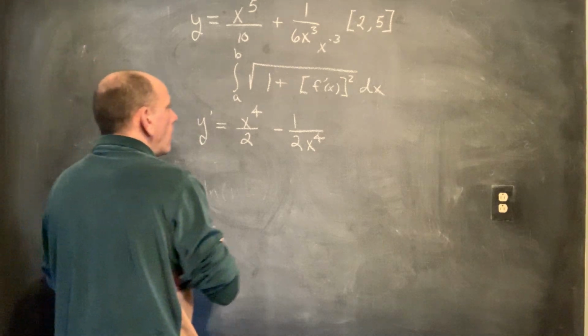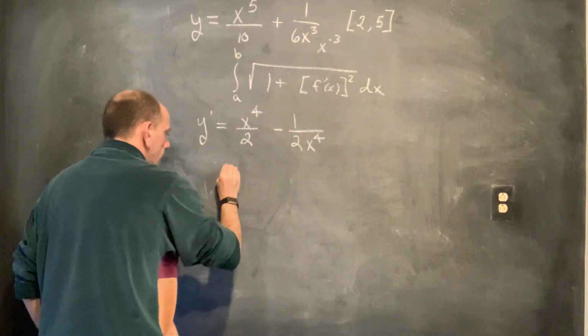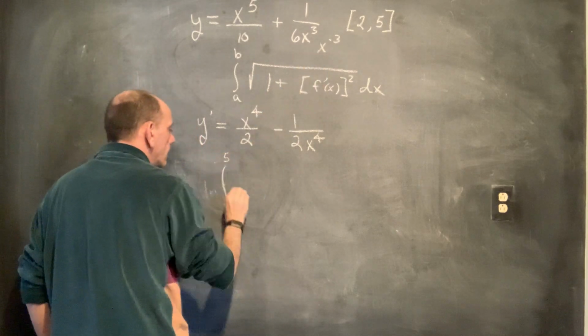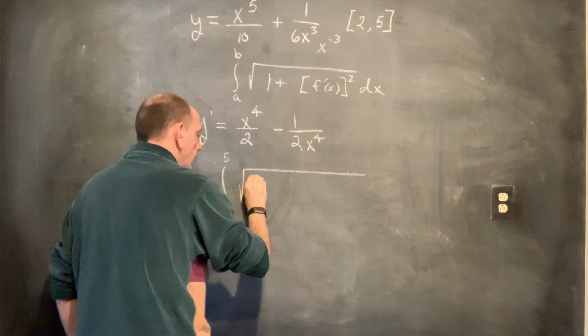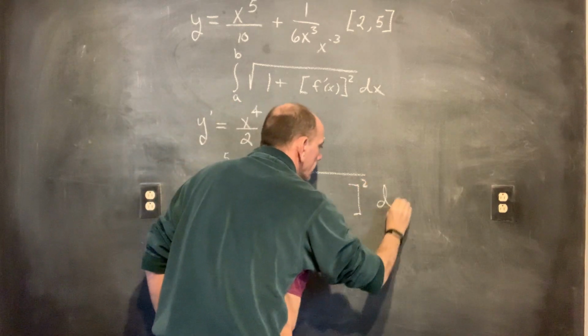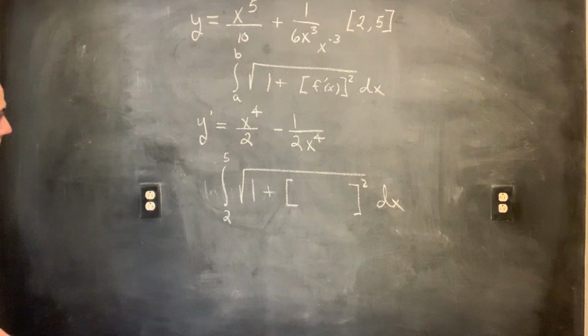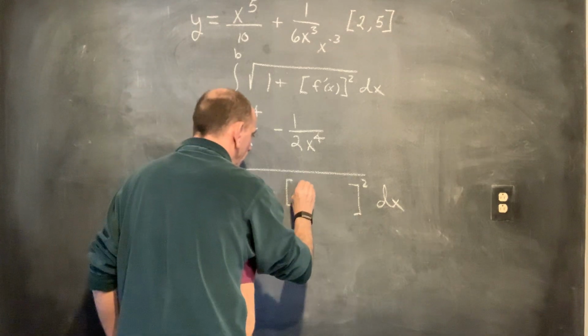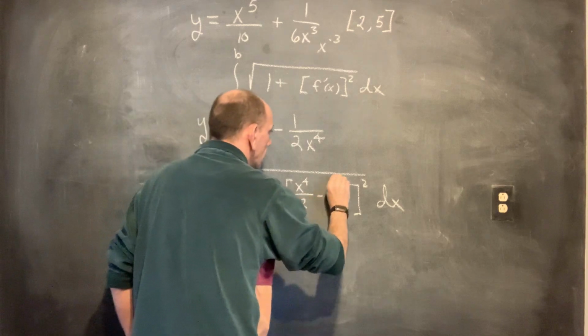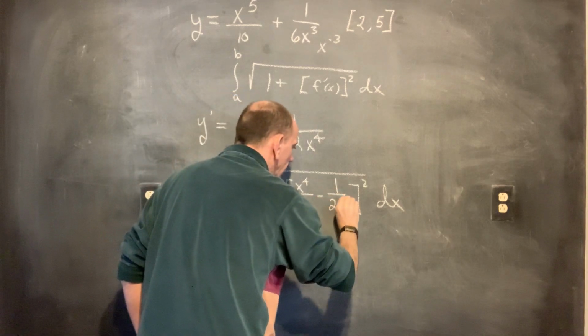Now we can set up our arc length. So the integral from 2 to 5, square root of 1 plus, here we need our derivative squared dx. We'll put our derivative in there, x to the 4th over 2 minus 1 over 2x to the 4th.